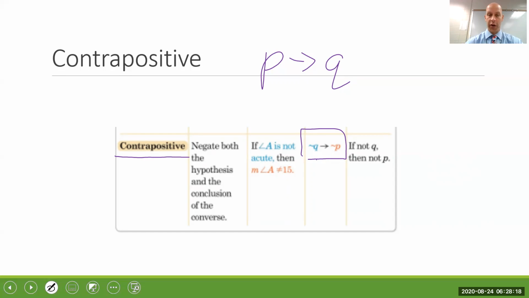So remember, our original conditional statement was, if the measure of angle A is 15, then angle A is acute. The contrapositive would be, if angle A is not acute, then the measure of angle A is not 15. So we took the Q and the P, we switch their order, and we negate them.